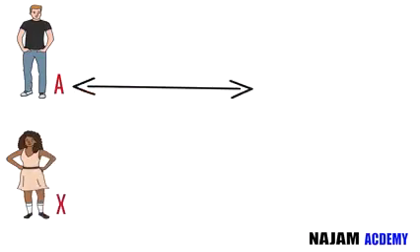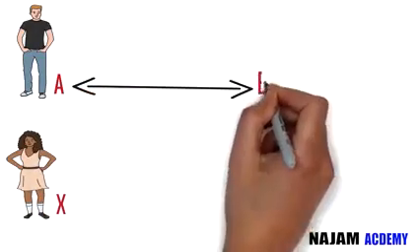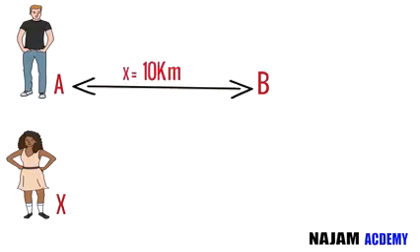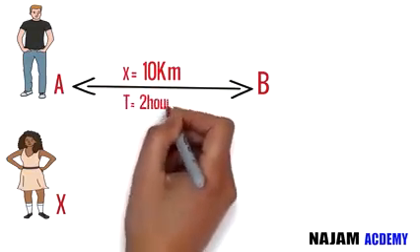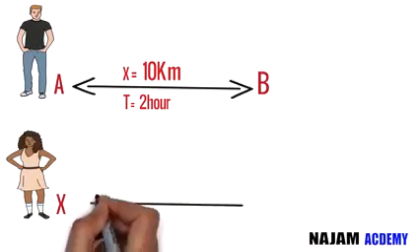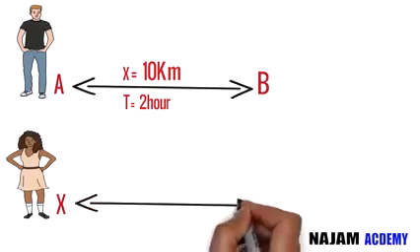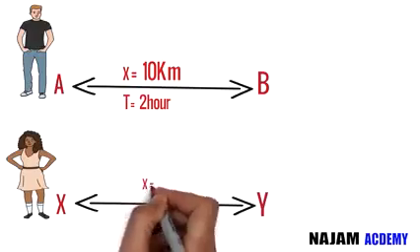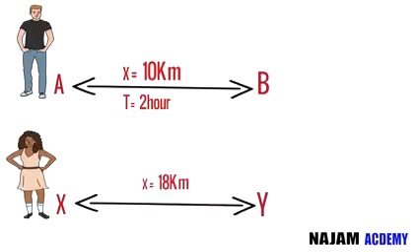Let Peter be moving to B, covering a distance of 10 kilometers in 2 hours. Now Sarah is moving to the point Y, and the distance Sarah is covering is 18 kilometers, and the time she takes is 9 hours.